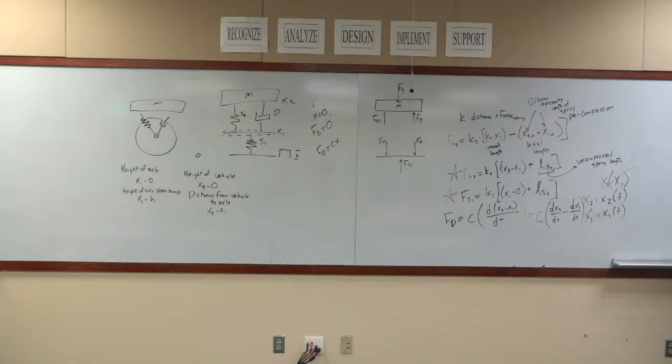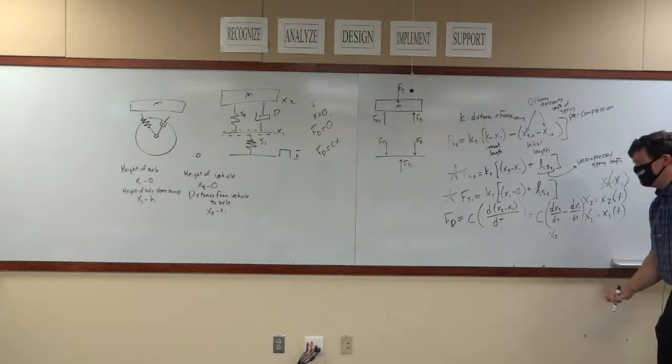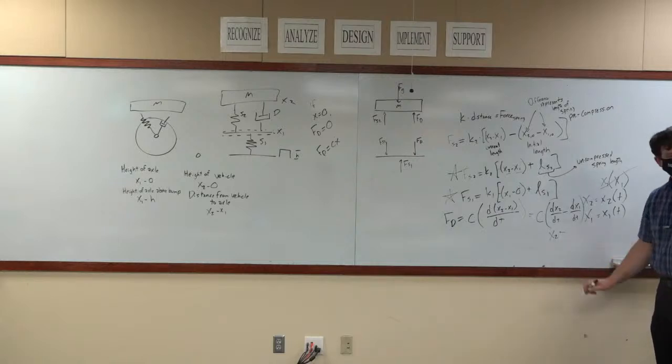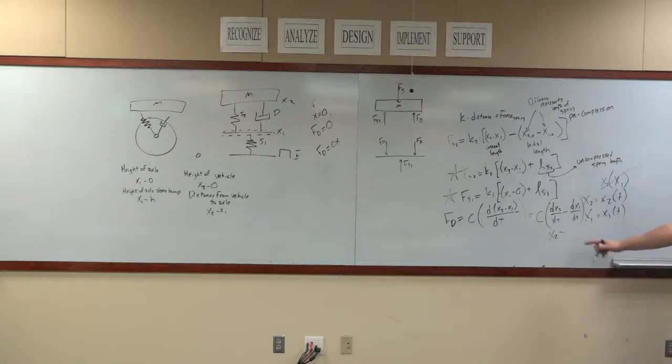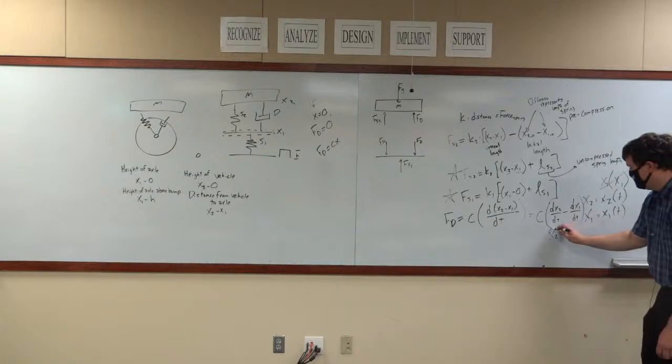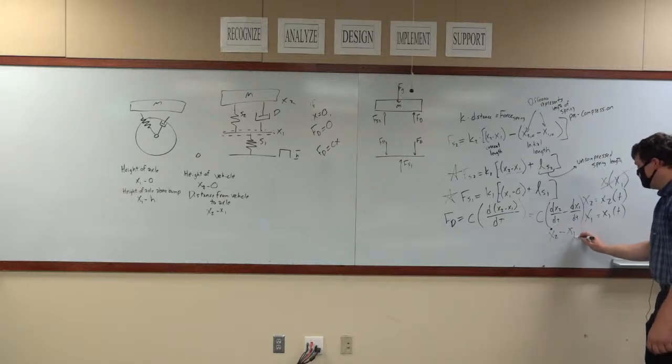What's the derivative of position with time? You said it, just say it louder. Velocity. It's velocity. This is x2 dot. Nope, it's a derivative. The integral of velocity is displacement, just like the integral of acceleration is velocity. So this is x2 dot minus x1 dot.